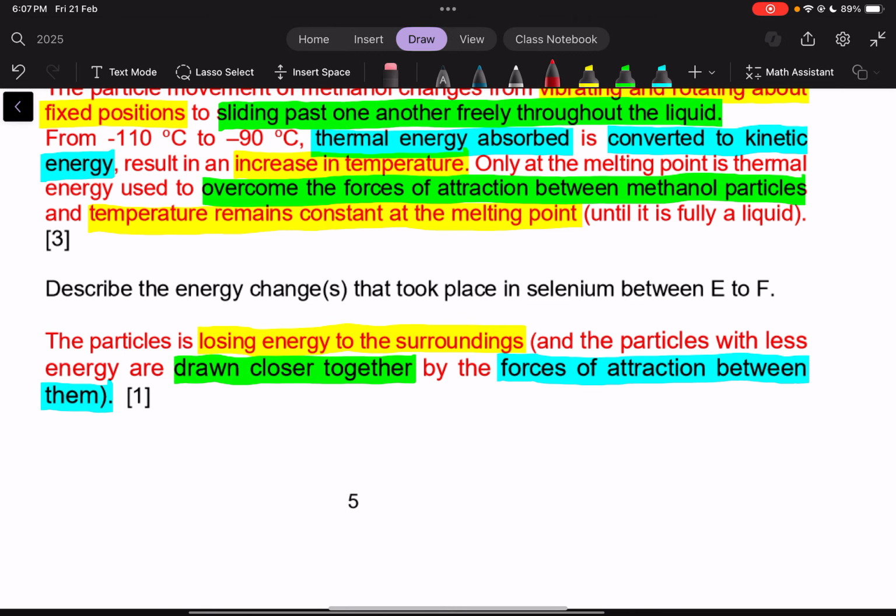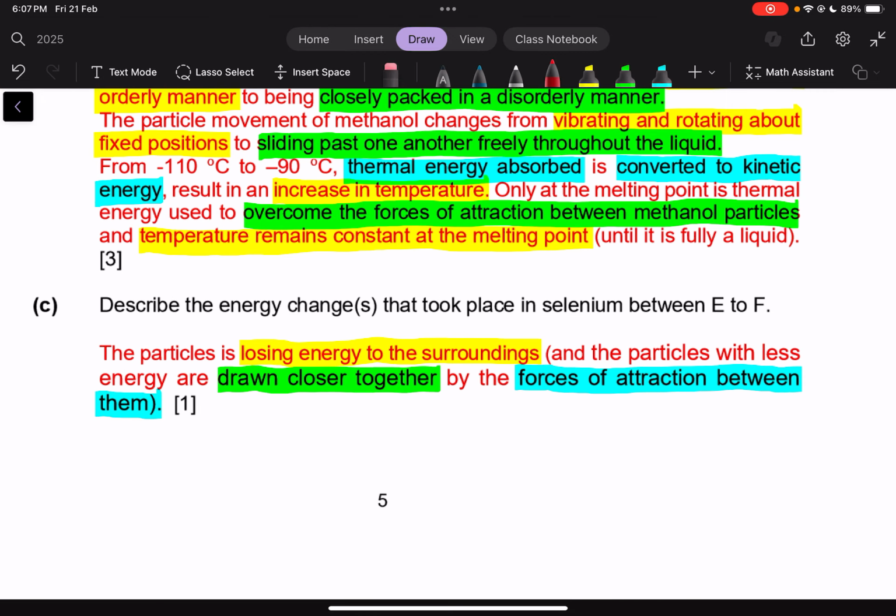So state what happens. For the energy change, always link back to whether there's a gain or loss in thermal energy. Then because of this gain or loss, link back to what will happen to the spacing and the forces of attraction between the particles.